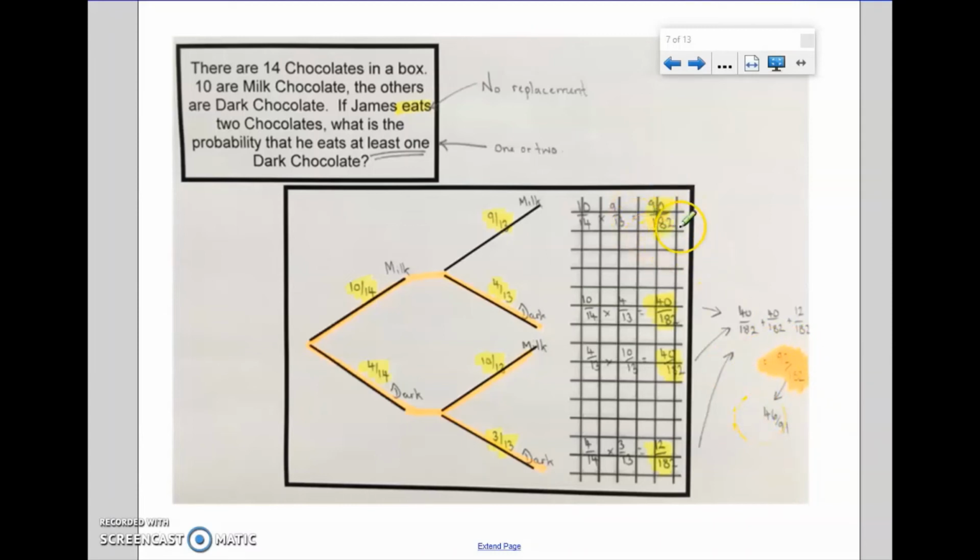Remember, you could have worked out the probability that you didn't want, which was milk chocolate followed by milk chocolate, and subtracted this fraction from 1 whole. But because the question asked us to draw a full and complete probability tree, we should be looking at something like this and using these 3 probabilities.